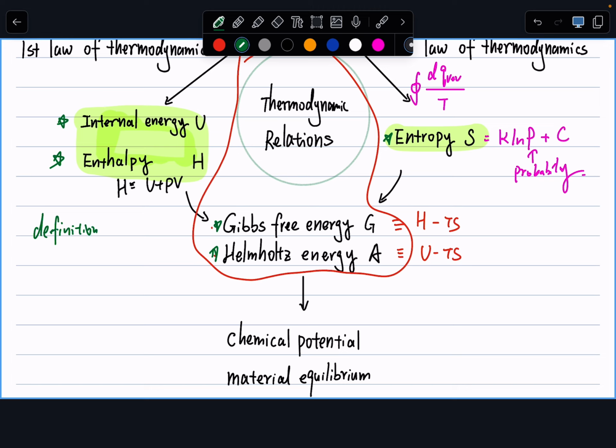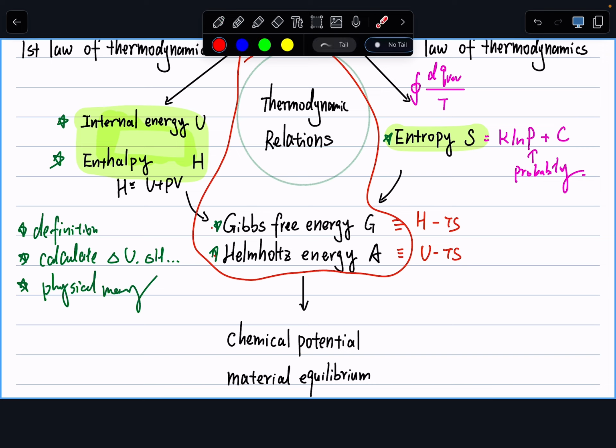How are they defined? What kind of thermodynamic law is being used for the definition of that state function? You also want to know how to calculate the change of these state functions, delta S, delta G, delta H, etc. Also, you want to know the physical meaning.